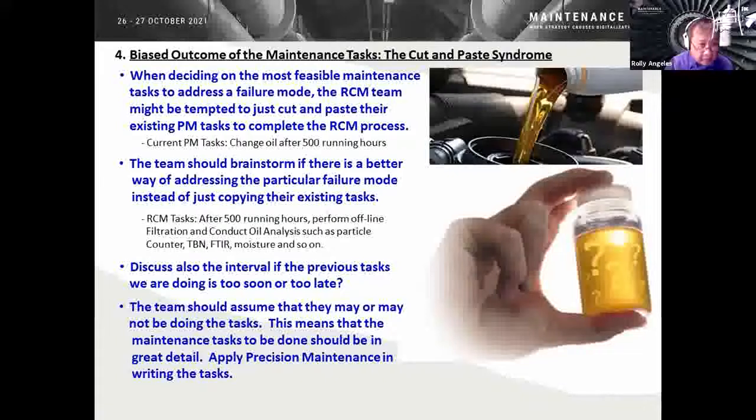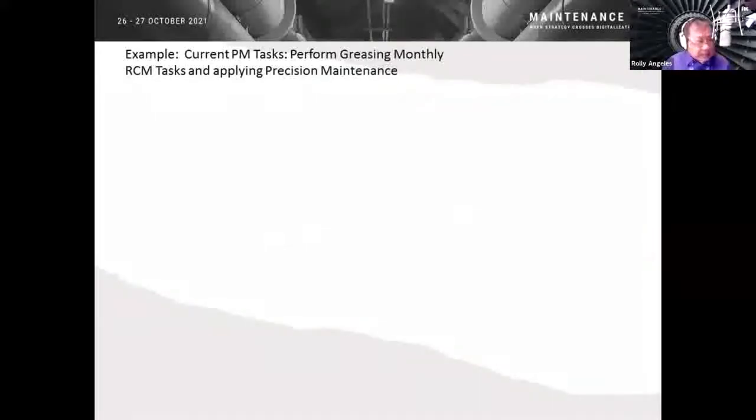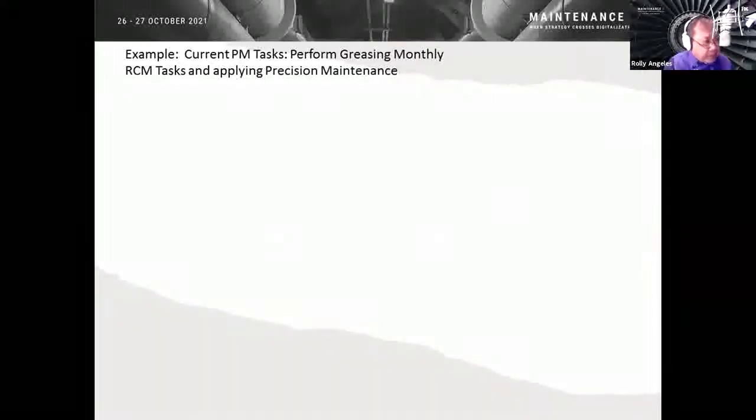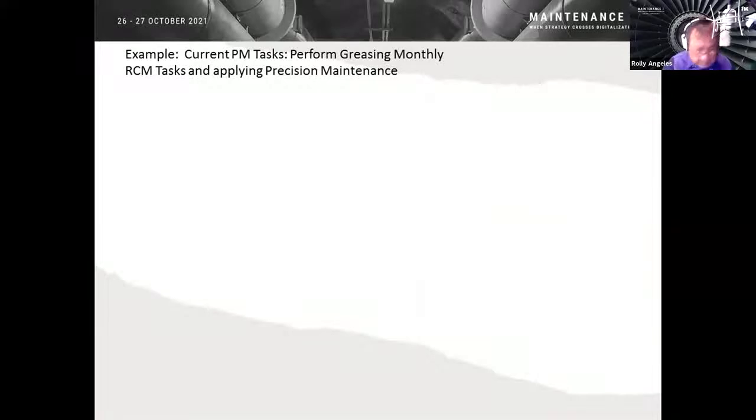The exact outcome of what we want the equipment to be. So, for example, we apply precision maintenance in our lubrication, so it should be in great detail, okay?